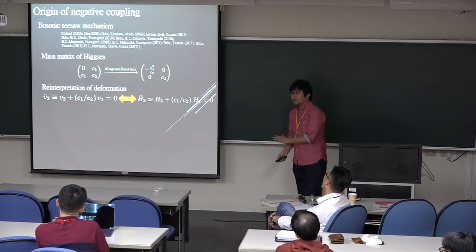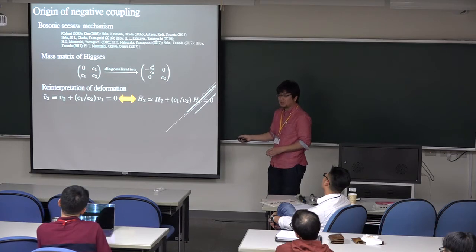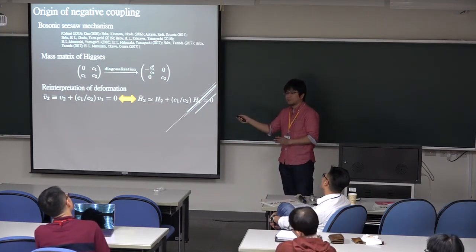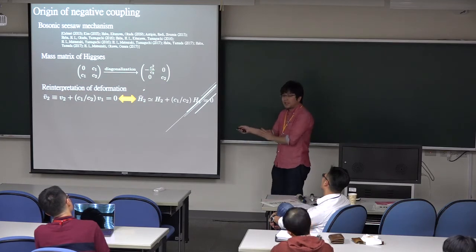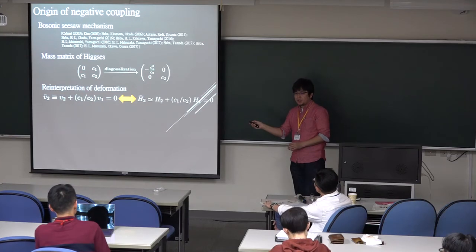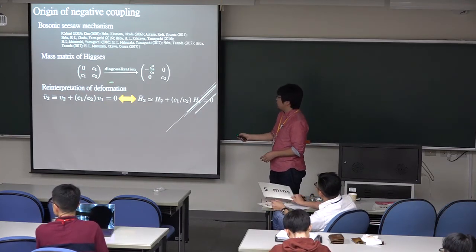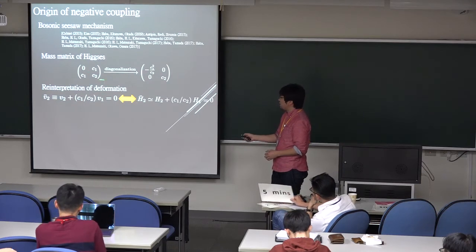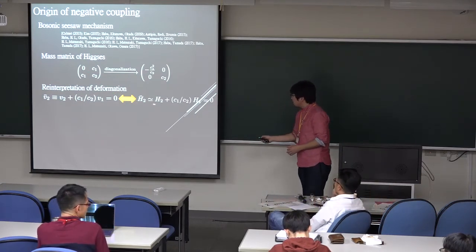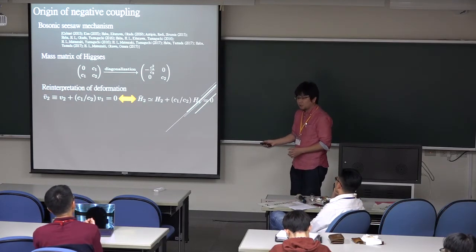In the case of a fermionic seesaw, this negative sign doesn't matter because we can use a chiral rotation to absorb it. But in the case of a scalar, you cannot do it. So this negative sign must be physical, and we can reinterpret this deformation as this wave being negative, which is nothing but the inert Higgs model.